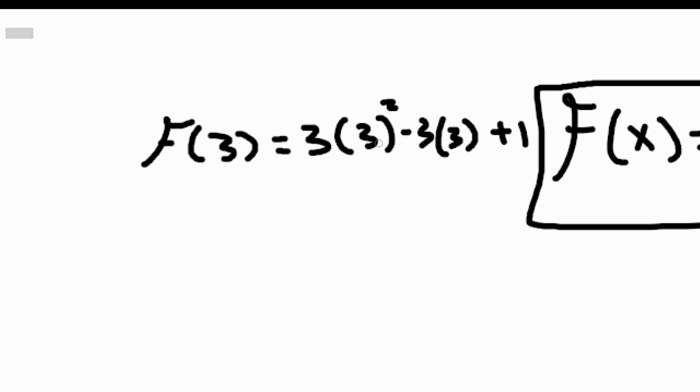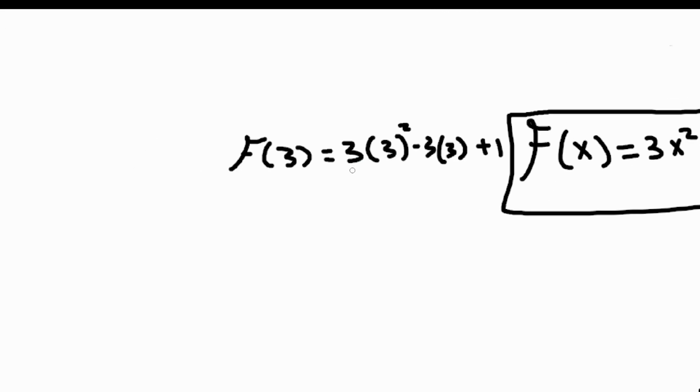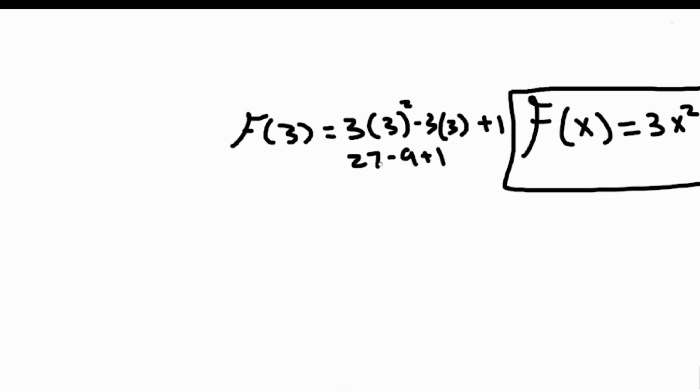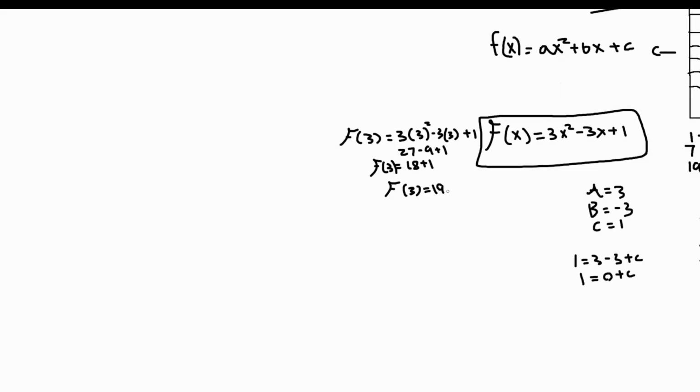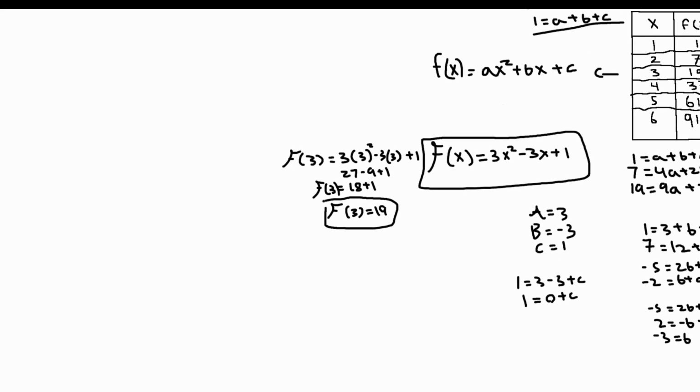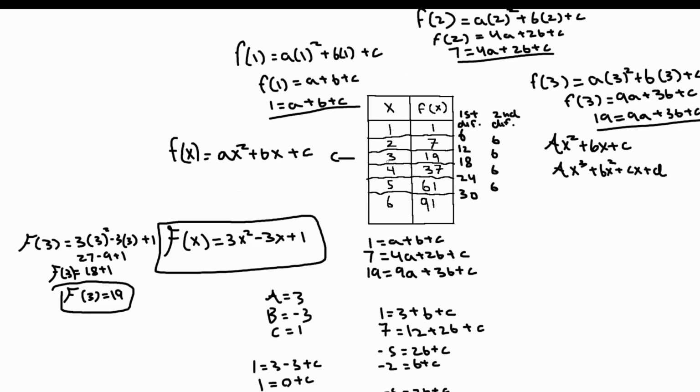This is 9 times 3, that's 27. 27 minus 9 plus 1. This is going to be 18 plus 1, which of course is 19. And that corresponds to what we have over here, right? We plugged in 3 and we got out 19.